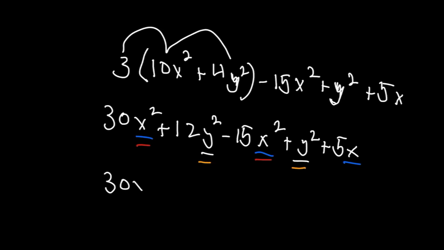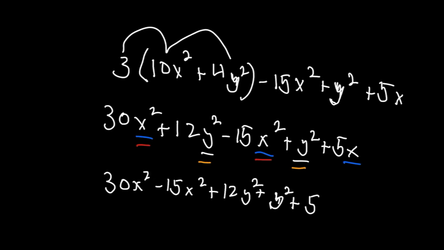So I get 30x squared minus 15x squared plus 12y squared plus y squared plus 5x. That 5x will not combine with that x squared because it does not have the same power exponent, as it is not squared.